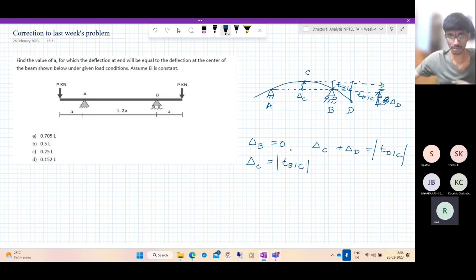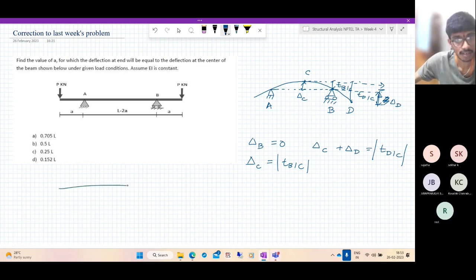Now let us find, so if you draw the bending moment diagram for this, it looks something like this. It is very simple.